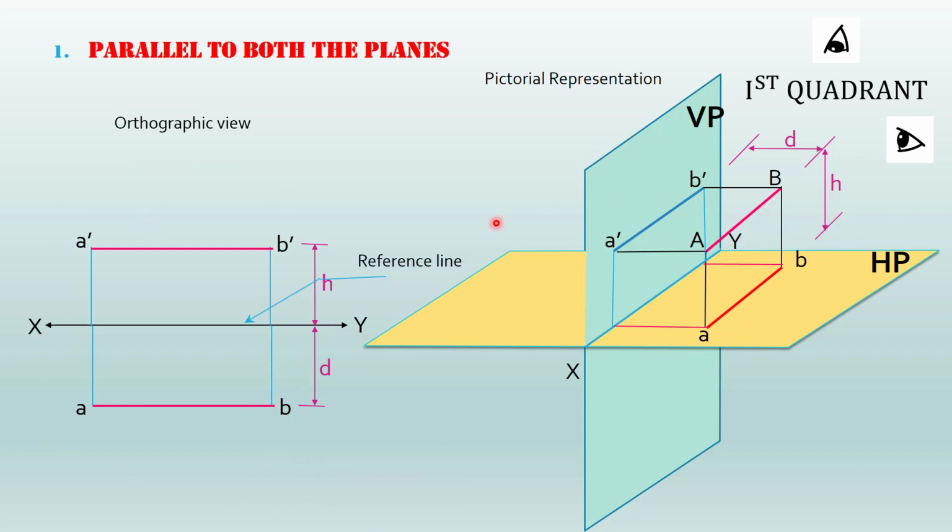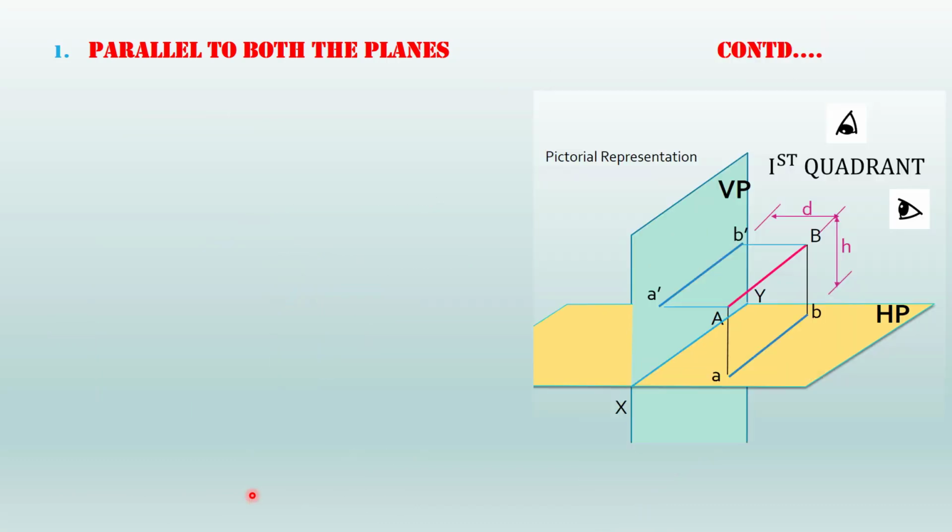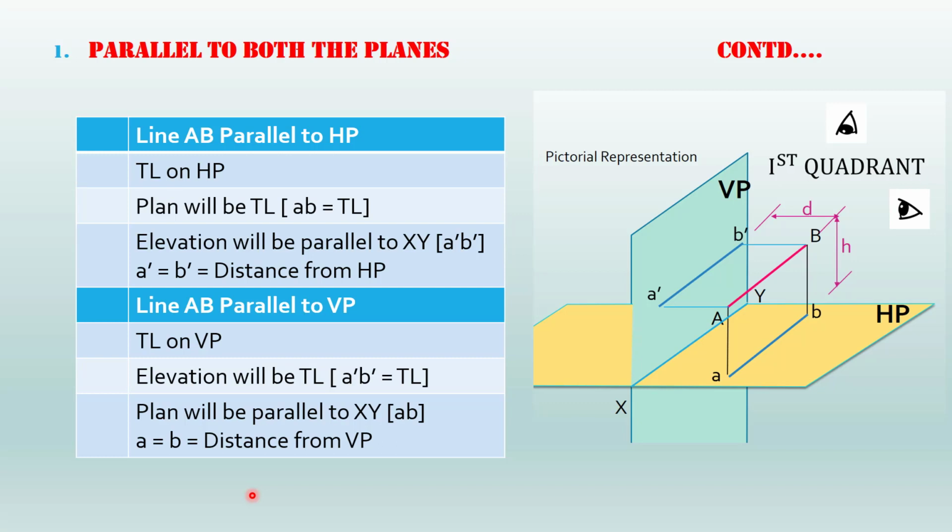Okay, now this line denotes the reference line. The top one represents the front view or elevation of the line, and this one represents the top view or plan of the line. So the length of the line in elevation and plan will be equal to true length if the line is parallel to both the planes. Now let's see some of the important points to be kept in mind.